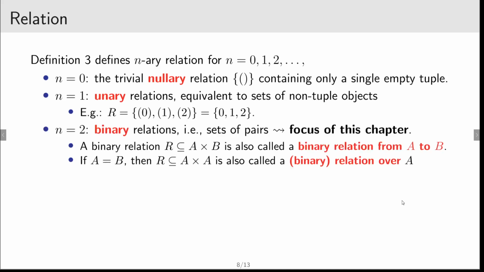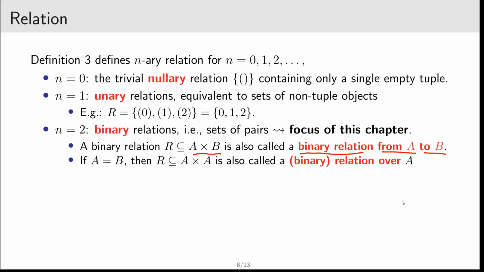Now, if n is equal to 2, then we have binary relations, and binary relations are sets of pairs, and this is our focus of this chapter on relation. Now, a binary relation R over A and B is also called a binary relation from A to B because it involves pairs and the tuples indicates direction.